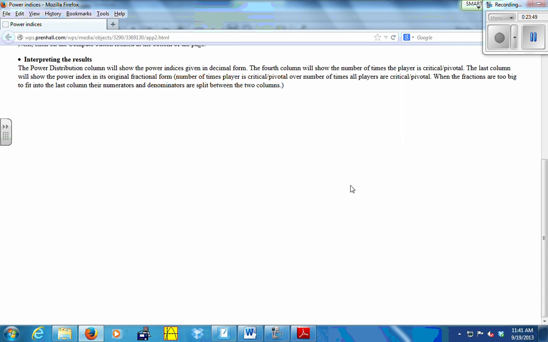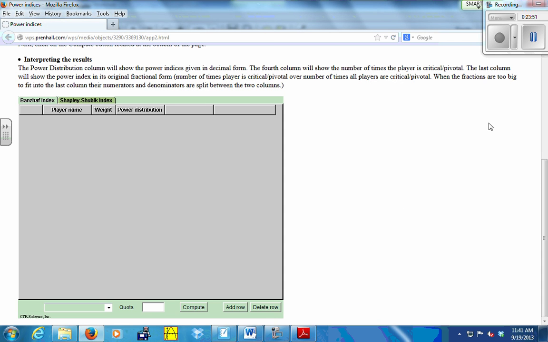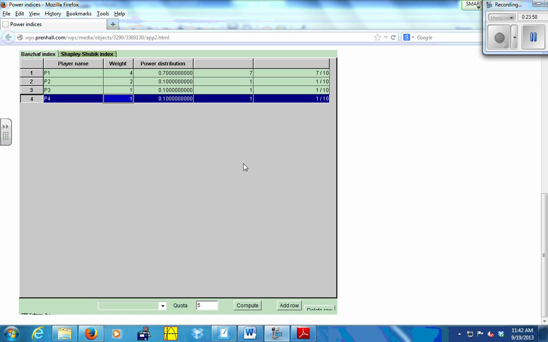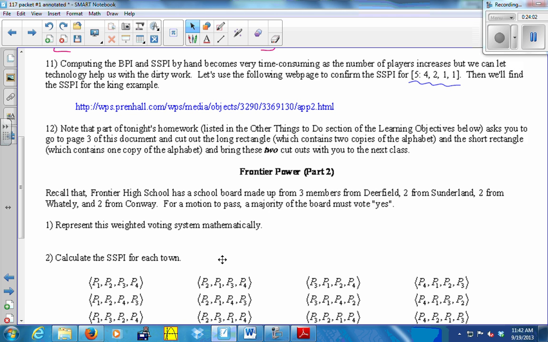Run. All right, now that I have confirmed my 5, 4, 2, 1, 1 calculation that I already did by hand, we're going to find the SSPI for the king example, because there were 5 players. So we'll just use one of the ones that we came up with.